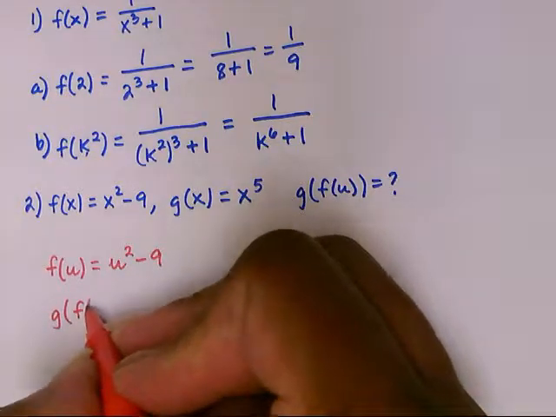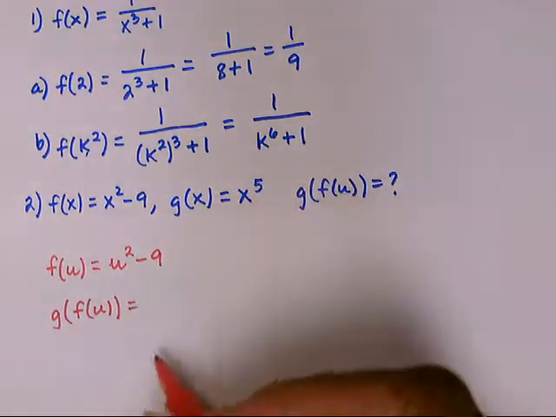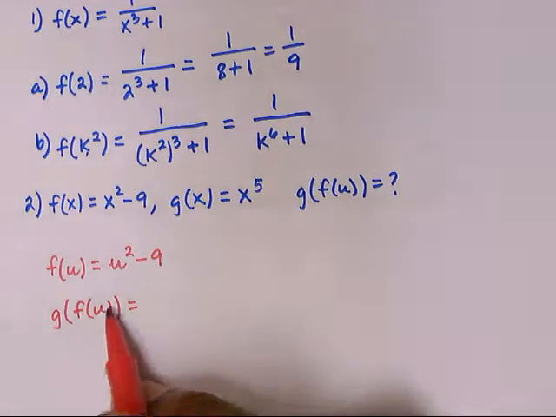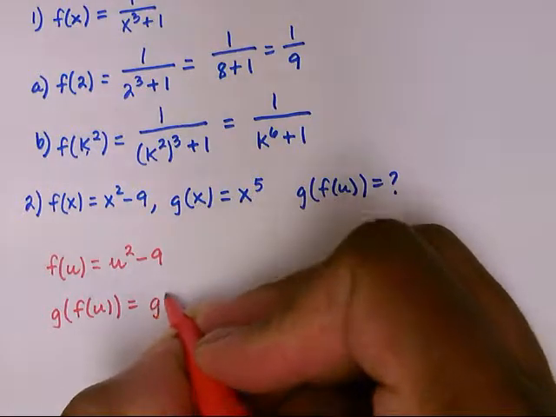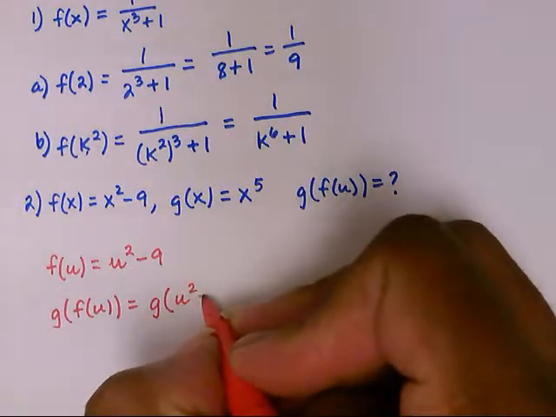Now I can find out what g of f of u is going to be. Well, the inside function again is f of u, and f of u is u squared minus 9. So let's replace the f of u with u squared minus 9.